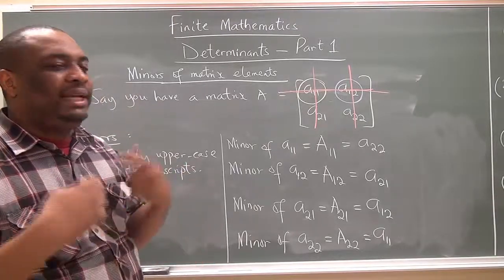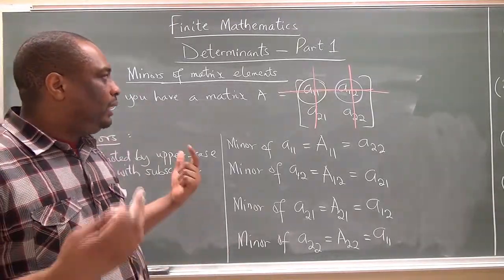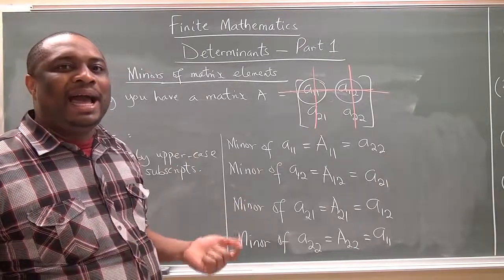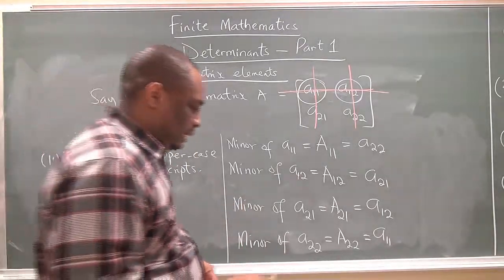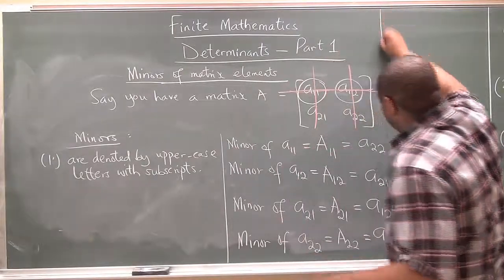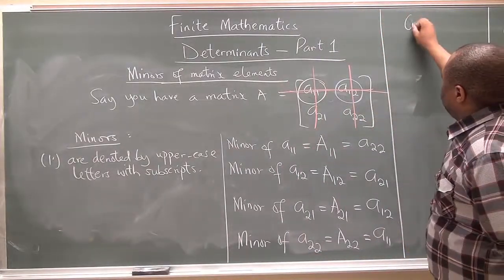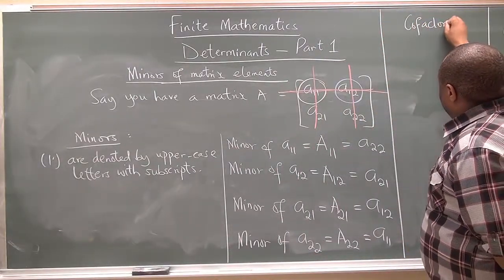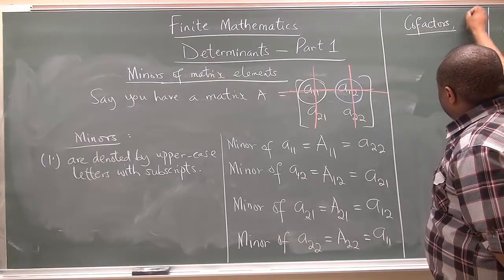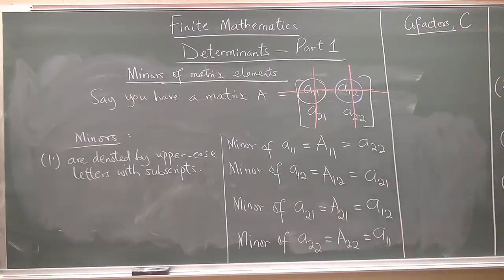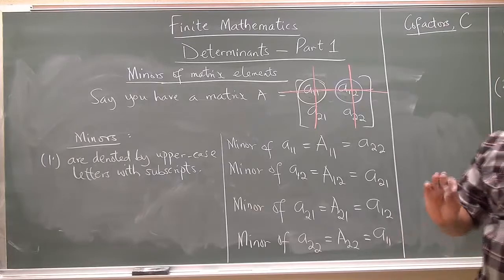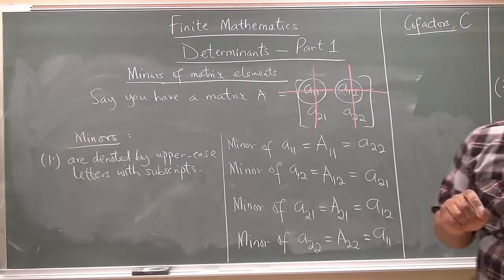The next thing is to find the cofactors. Like I said, cofactors are signed minors. So why don't I just use here cofactors, uppercase C, and like I said, they are minors with signs.